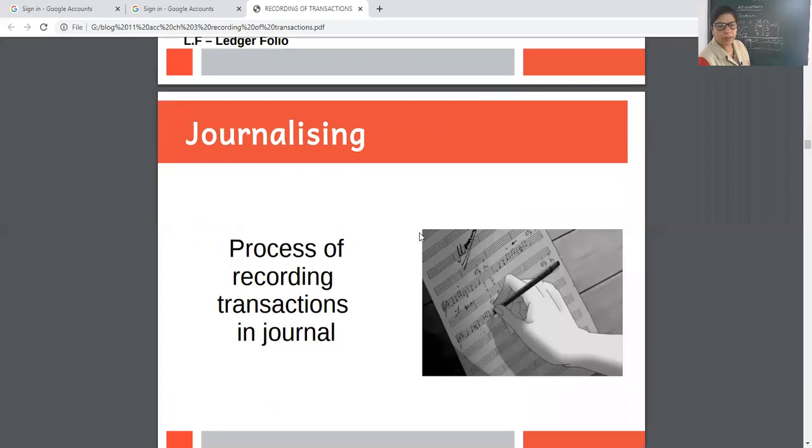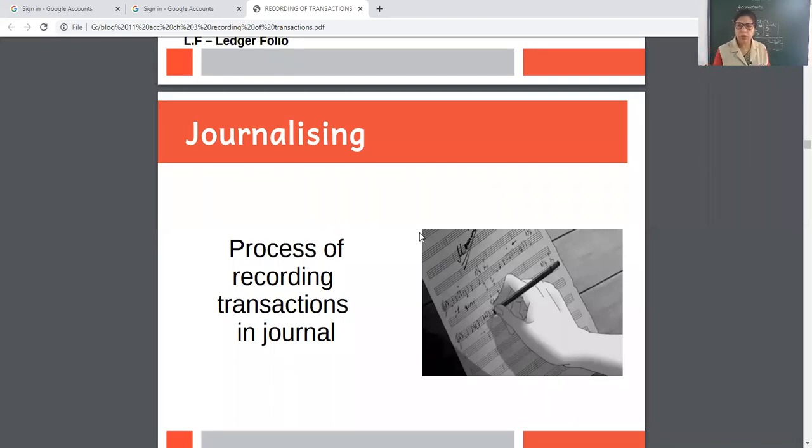Then journalizing. What is journalizing? Note down: the process of recording transactions in the journal is known as journalizing. There is a difference between journal and journalizing.